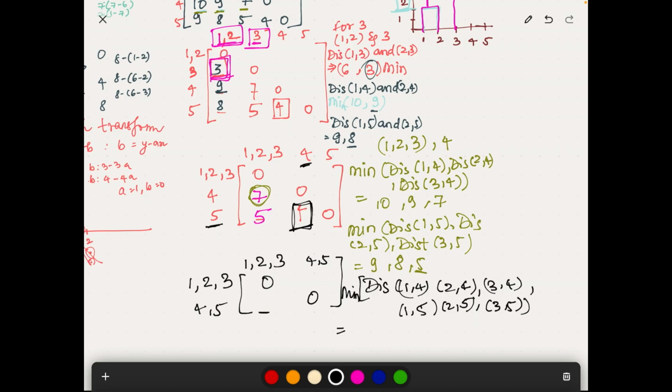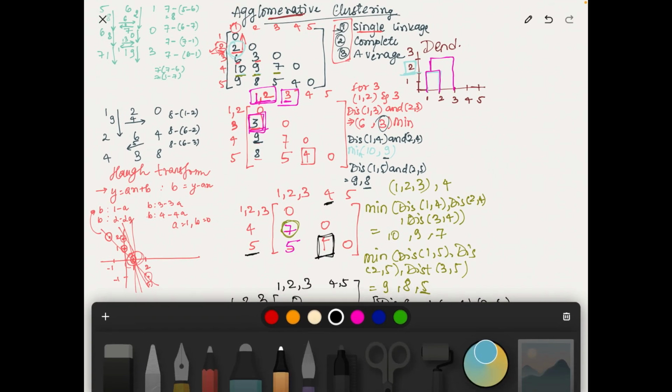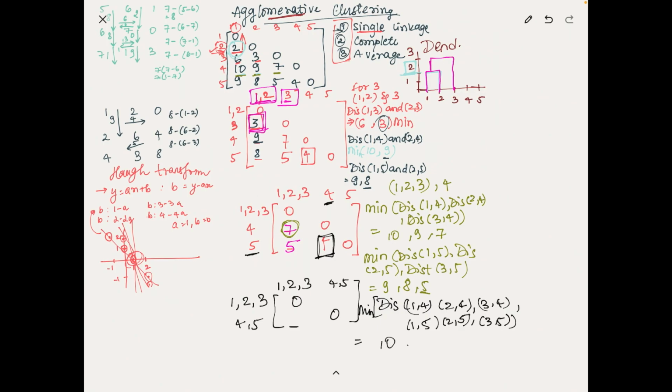So it is going to be 1,4 is 10, 2,4 is 9, 3,4 is 7. 1,5 is 9, 2,5 is 8, and 3,5 is 5. So out of all of these, the least is 5. So we have gotten the final value to be 5.